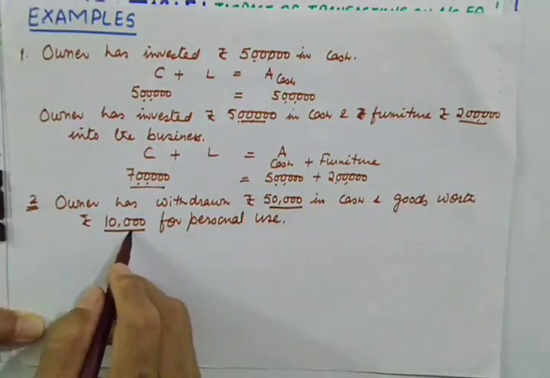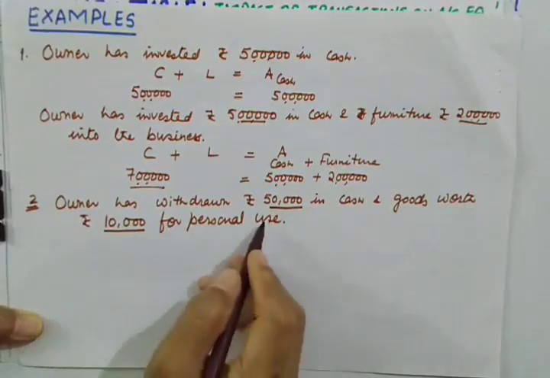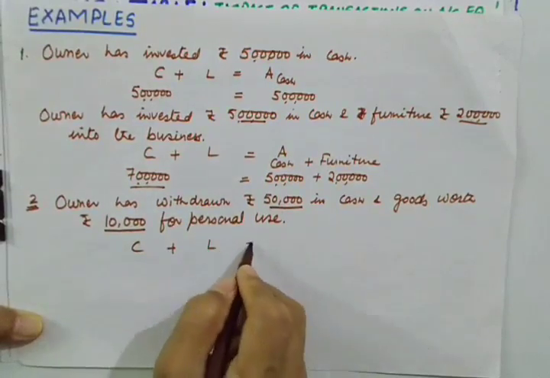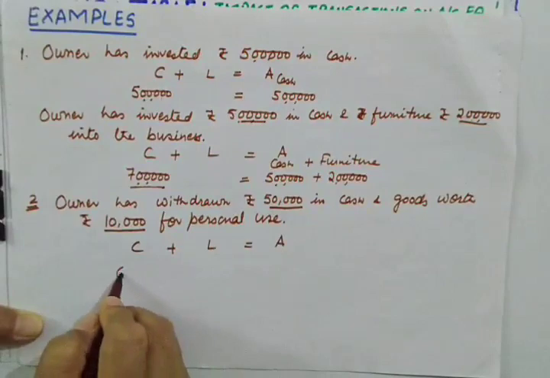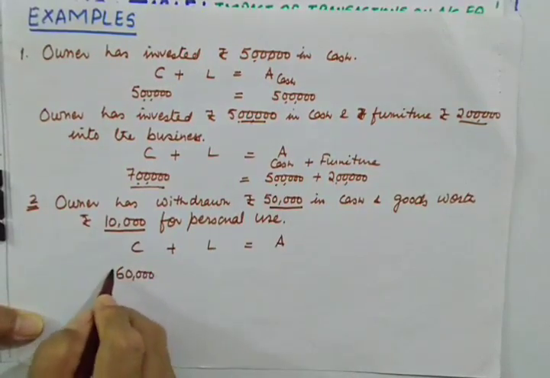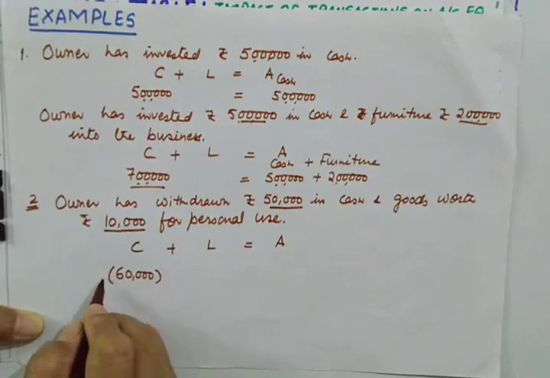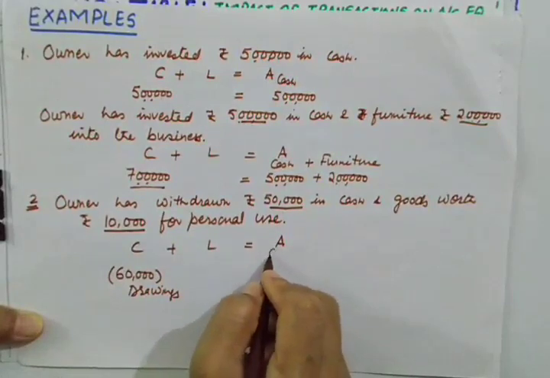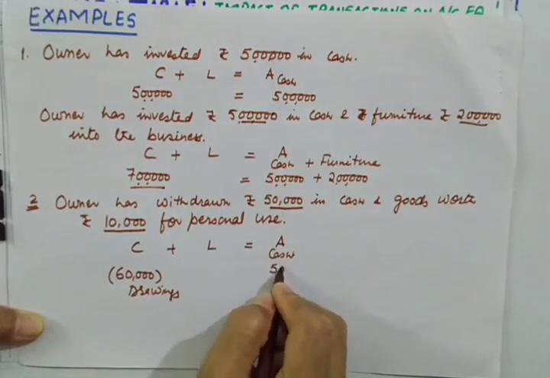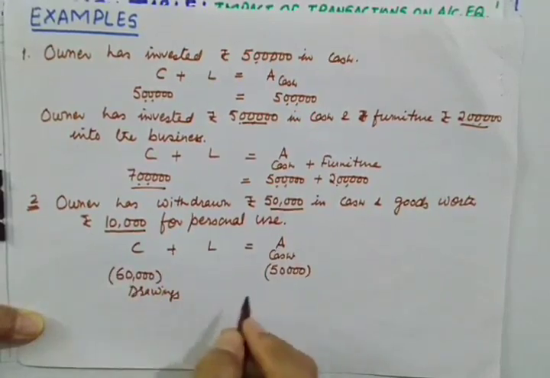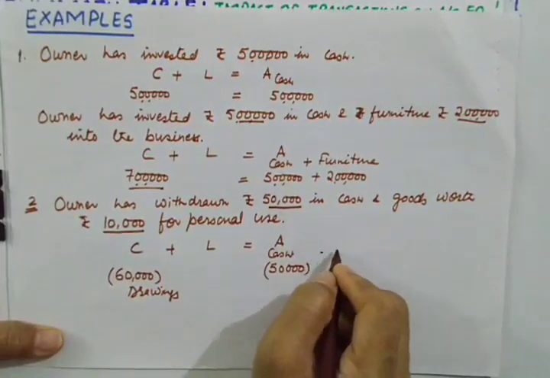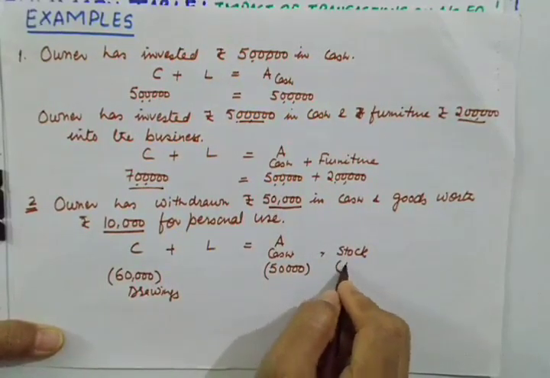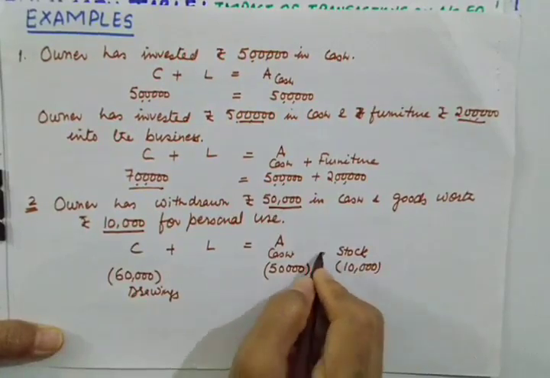Total amount withdrawn is 50 plus 10, this being the cost of these goods. When we write this equation, C plus L is equal to A, we'll write 60,000 deducted from capital because these are drawings. Moreover, we'll be reducing our cash by 50,000 because he is withdrawing in cash, and your stock will also reduce by 10,000.